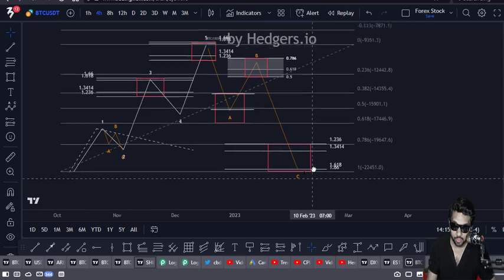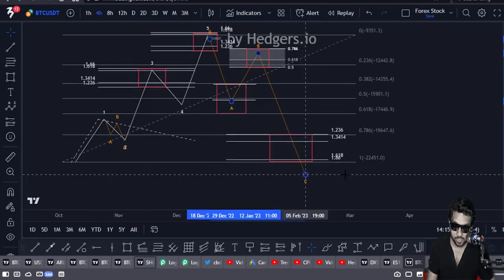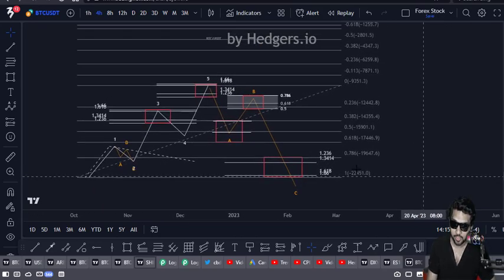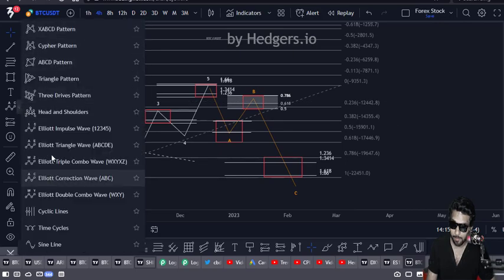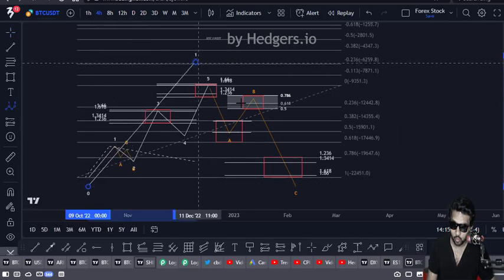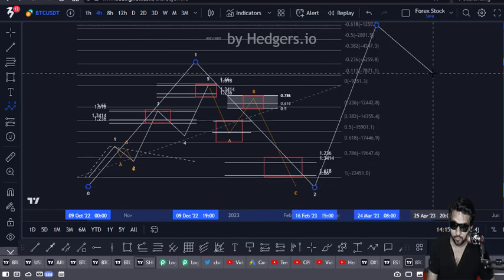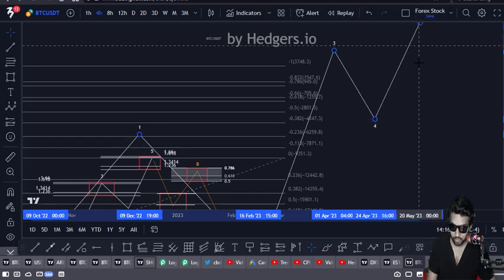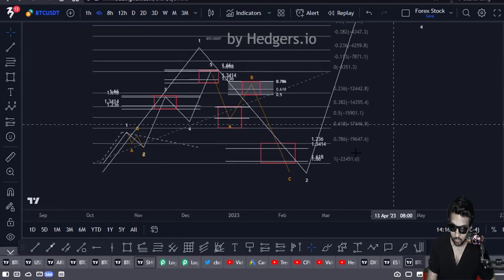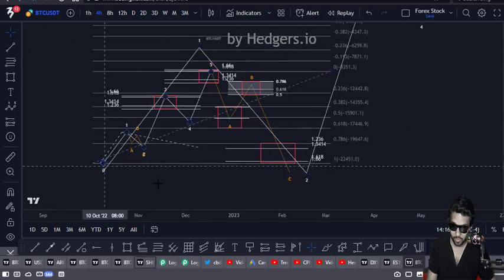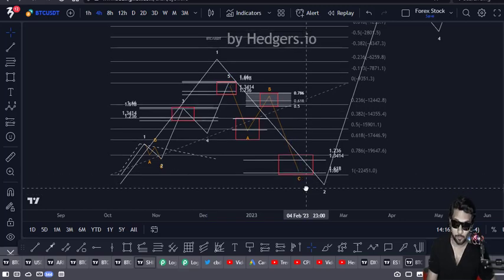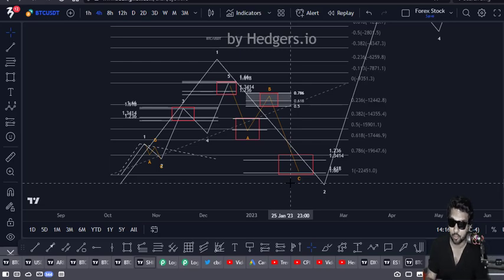If the equal lows are being breached down there like this, that is the invalidation of the wave 2. Why? Because you see, for the macro counts like this, 1, 2, 3, 4, 5 to the upside, for the macro time frame I'm going to talk about, the wave 2 should be above the wave 1 equal lows, or it could be at the same equal lows, not breaching it, okay, not closing the candle body below the wave 1 starting point.